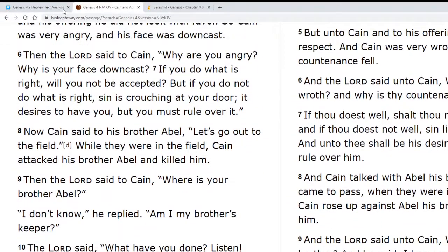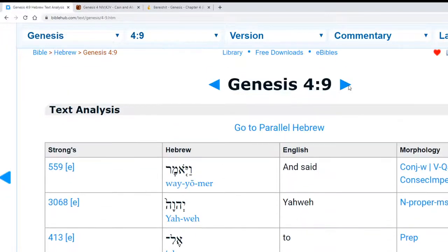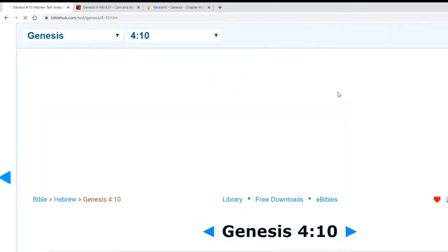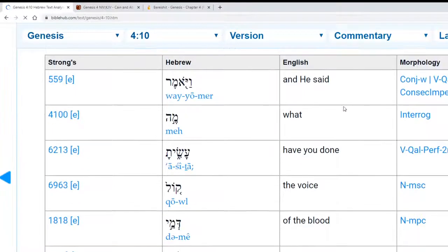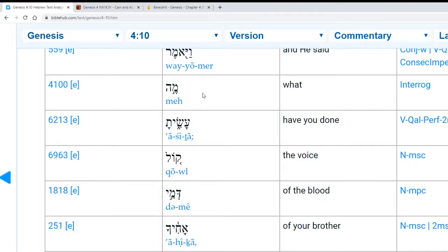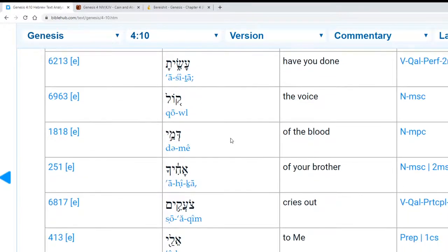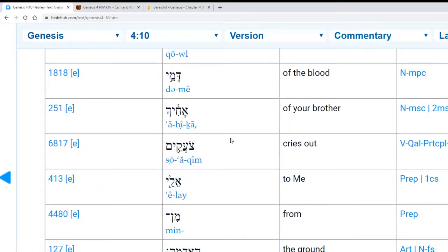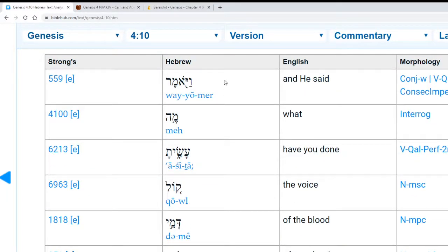Verse 10. Vayomer, again, conjunctive vav, imperfect. Amar, to say. Meh asita, kol demei achicha tzoakim elai min ha'adama. Me, so conjunctive vav, imperfect.